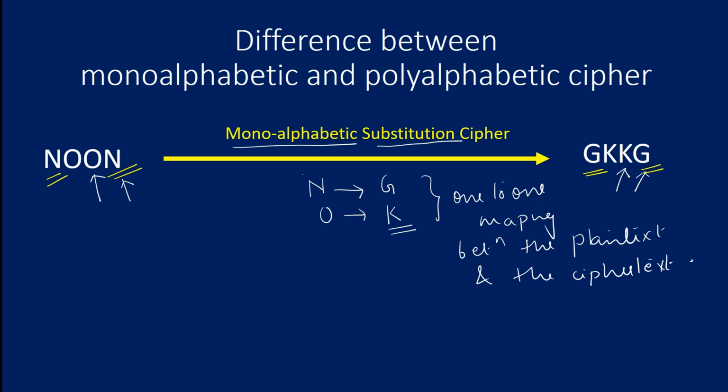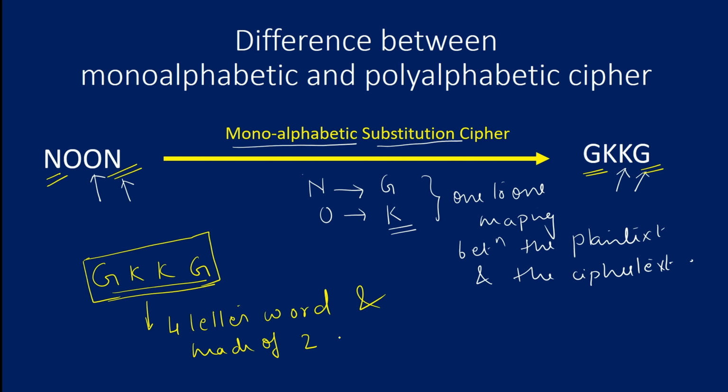Now the repetitive pattern is actually a drawback of the encryption algorithm, because if the attacker gets to know the cipher text and he knows that you are using a monoalphabetic substitution cipher, say from this example, the attacker quickly knows that the sender is using a 4-letter word which is made up of 2 letters. So the attacker has reduced his search area to searching only 4-letter words in which the first 2 letters are the same and the middle 2 letters are the same, and therefore it becomes very easy for an attacker to guess the plain text from this cipher text.